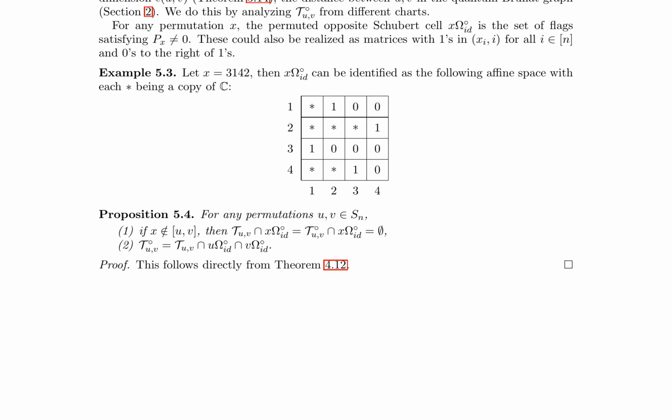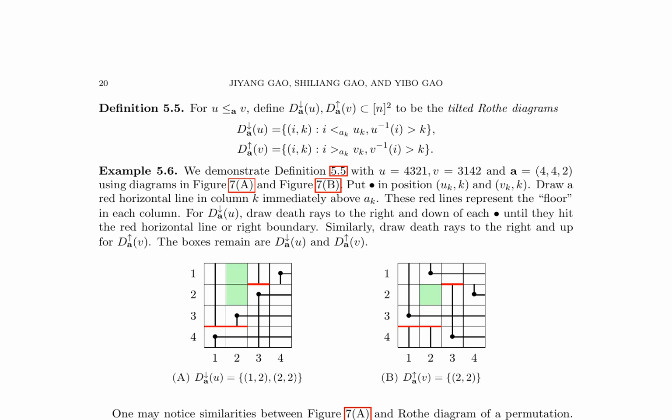The paper introduces the concept of tilted Rothe diagrams, D down-pointing arrow a, u, and D up-pointing arrow a, v, and their relation to the parametrization of the open variety. It also defines a set of equations, I_{u,v,a}, for every pair of permutations and choice of a, which is crucial for the dimension calculation.